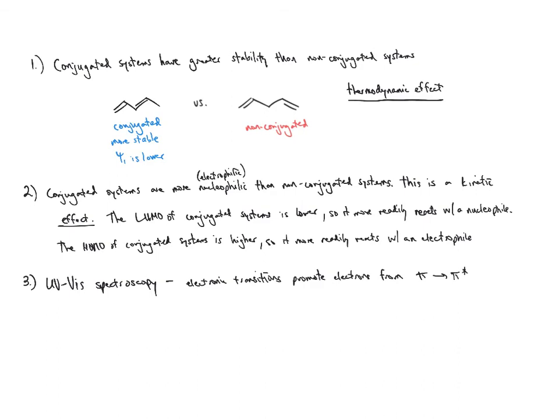Well, if our pi system is the HOMO, and the LUMO is the pi star, and the HOMO has increased, and the LUMO has decreased, what will happen is that the increasing conjugation will lower what we call the HOMO-LUMO gap.